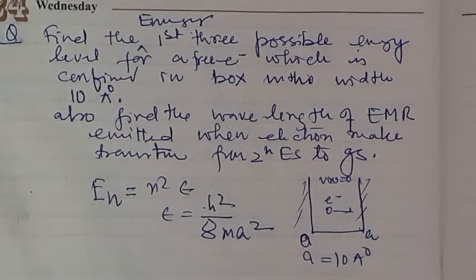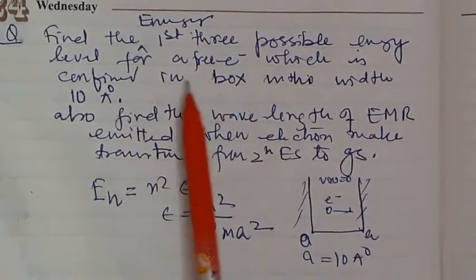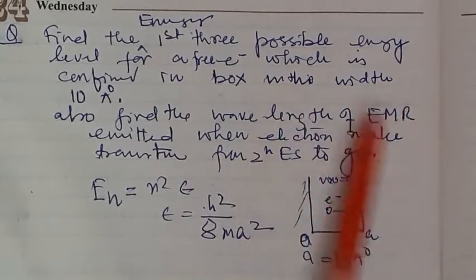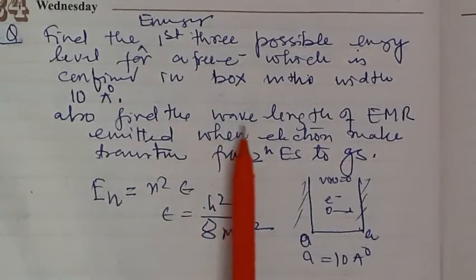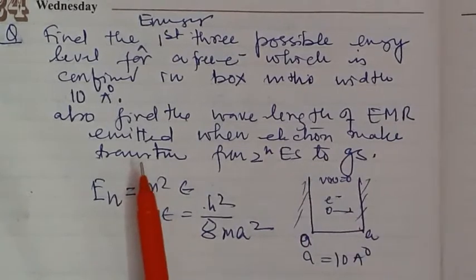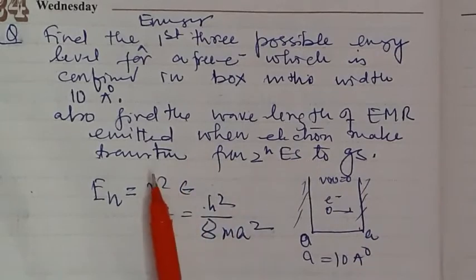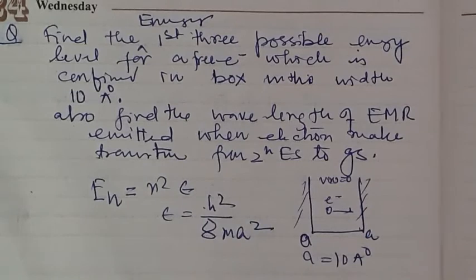Now, the third question: find the energy of the first three possible state levels for a free electron confined in a box with a width of 10 angstrom. Also find the wavelength of the electromagnetic radiation emitted when the electron makes a transition from the second excited state to the ground state. It is a very similar kind of problem.